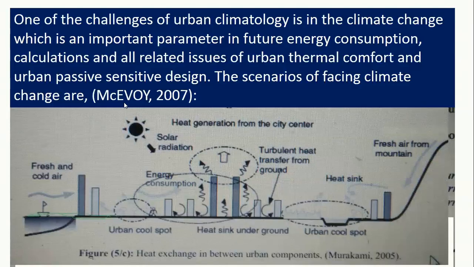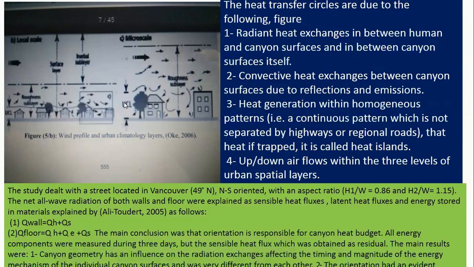Again I go to the previous slide, how it is calculated. The study dealt with a street located in Vancouver, north south oriented, with an aspect ratio, height and width, with H1 here a building and H2.